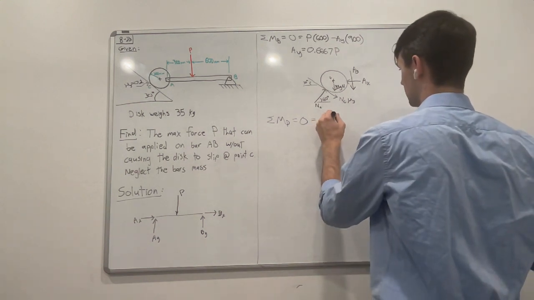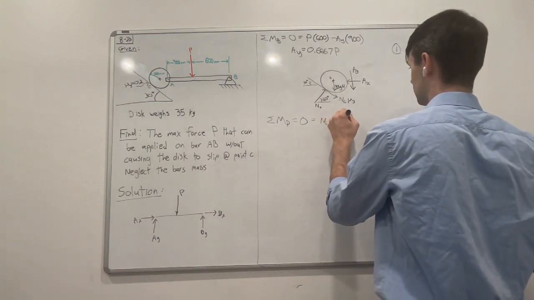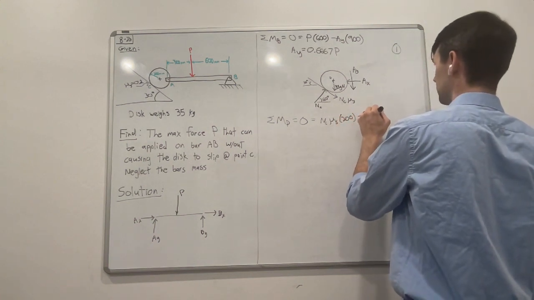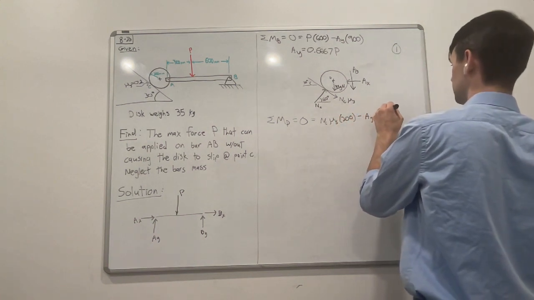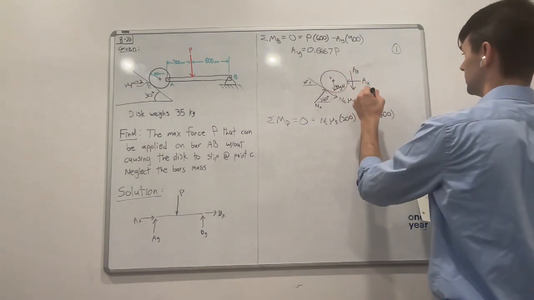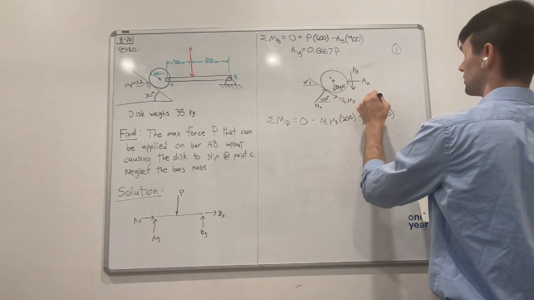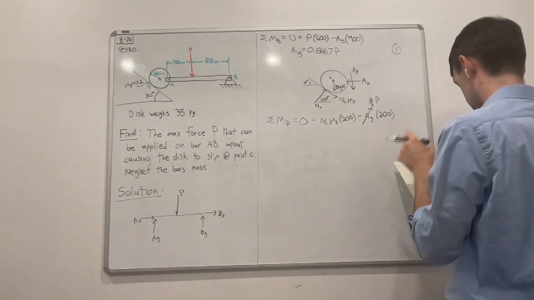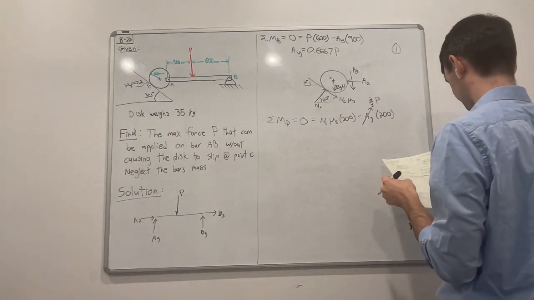So NC times mu sub S times the moment arm of 200 minus AY times the moment arm of 200. And AY, of course, is just 2/3 P.